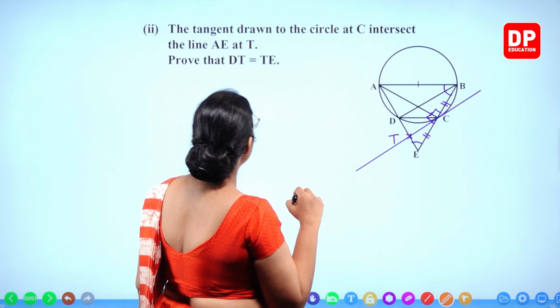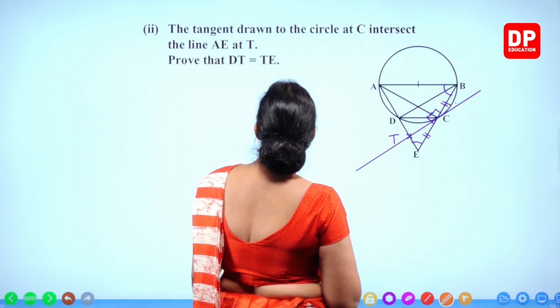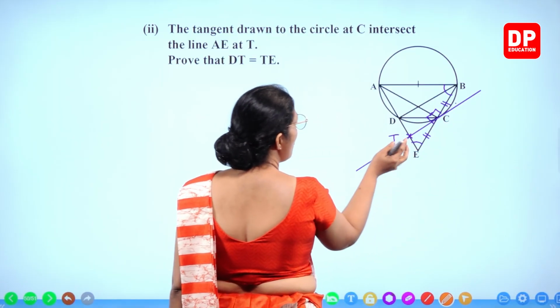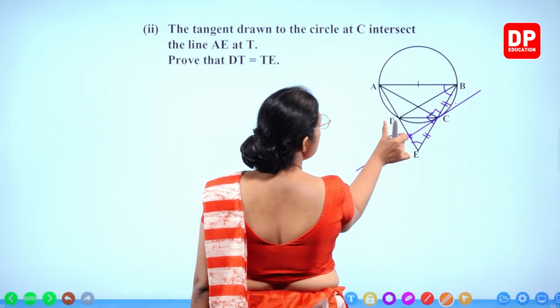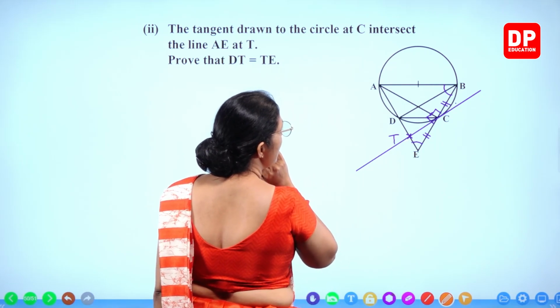How can you show that DT equals TE? Now we have to show that DT equals TE. These two lengths are equal.